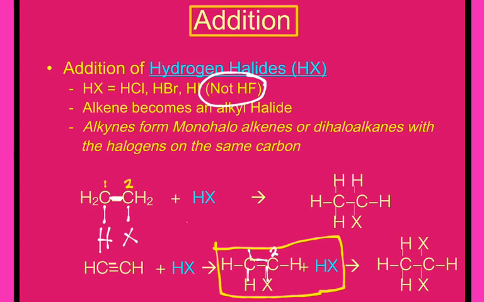Yeah, I said which carbon has more hydrogens around it? It's number 1, right? So that means the H must be given to carbon number 1, the one that has more hydrogen in this case.